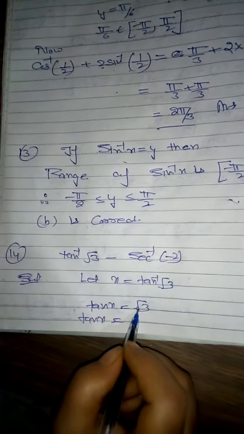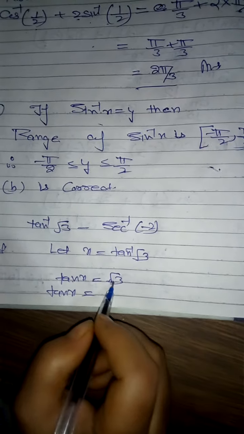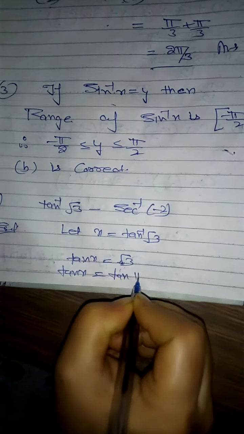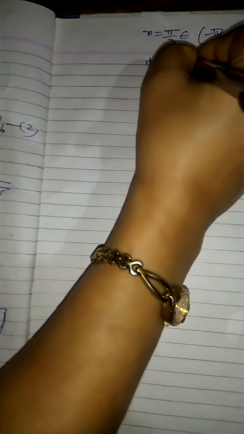So the value of x is pi by 3, which belongs to the range of tan, minus pi by 2 to pi by 2. This means the value of tan inverse root 3 equals pi by 3. This is equation 1.